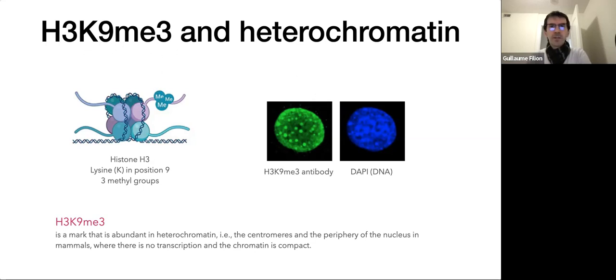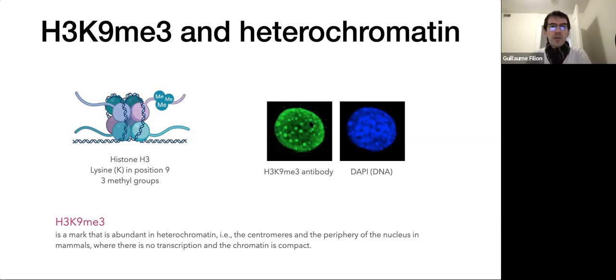It speaks for itself. And one thing that you can do to see where that modification is present, for instance, is an immunofluorescence. You have antibodies against that particular modification, and if you couple them to something that shines in green, when you stain the nucleus of a cell here, and that's a mouse cell, it looks typically like that. There are these bright dots that appear like polka dots, that are very conspicuous, very noticeable. And if you use DAPI, which is a stain for DNA, you will see actually a high concentration of DNA.